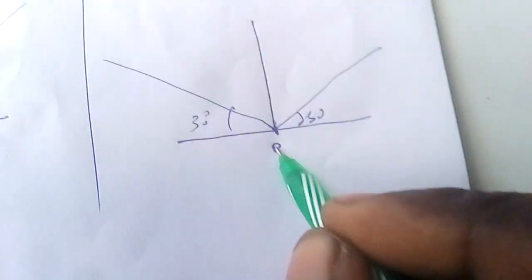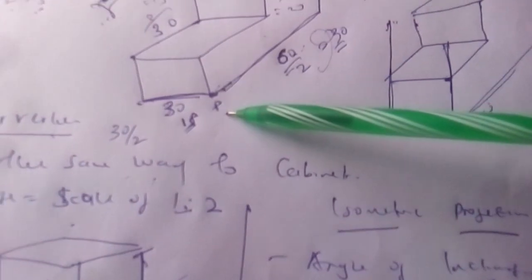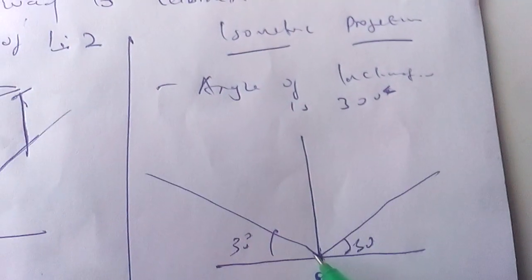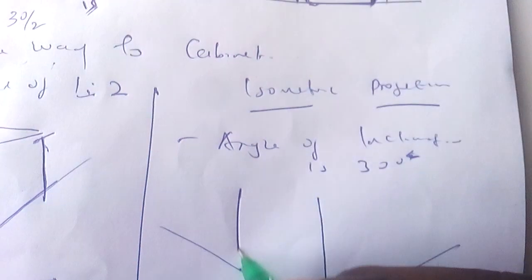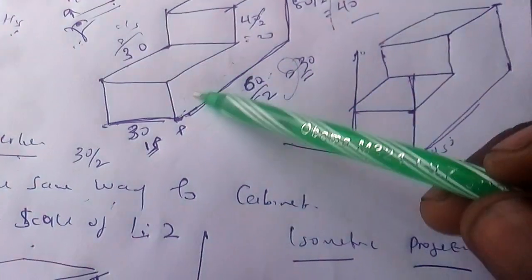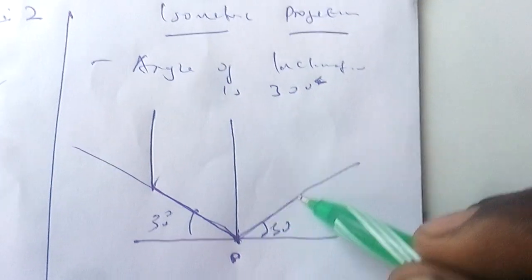Remember our width was 30, so you go 30. And our length was 60, so you go 60.